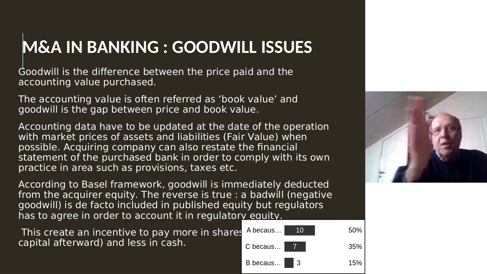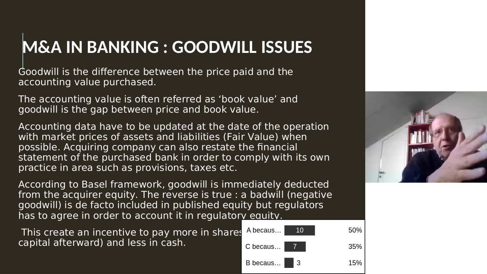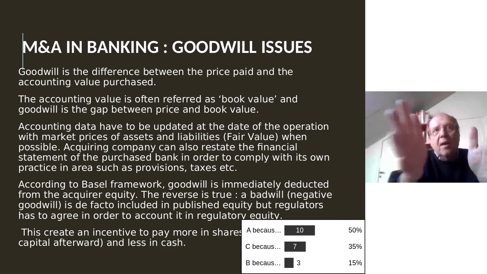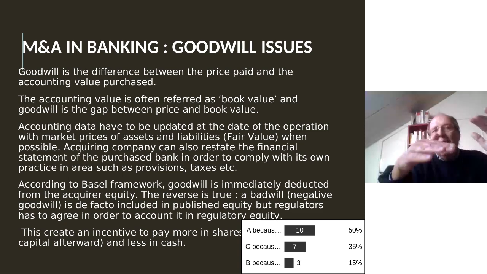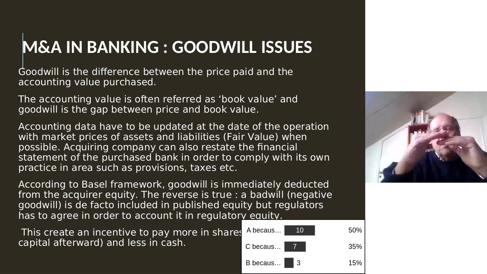You have a CET1 ratio of 10 on 100, 10%. If you need to be above 8, okay, we know that's not really the story, it means that you could swallow a goodwill of 2 before being non-compliant. But you cannot take more than 2, and even 2 is not very safe because you need to be a little bit above the border.